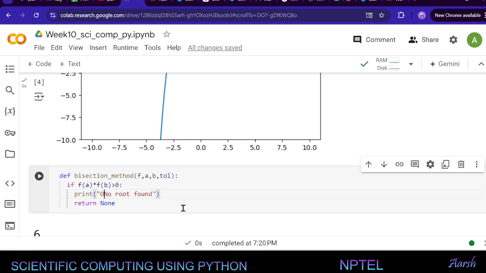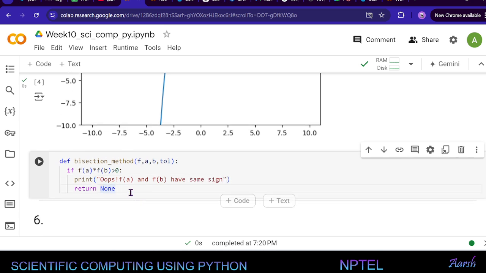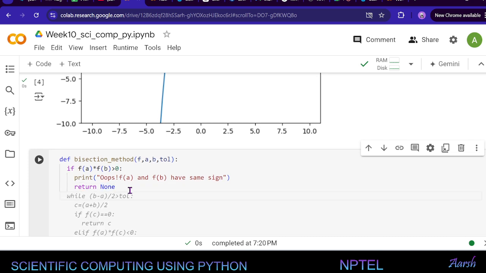We can write f of a and f of b have same sign, and then we return nothing, right? Because there is no midpoint, there is no 0 inside.